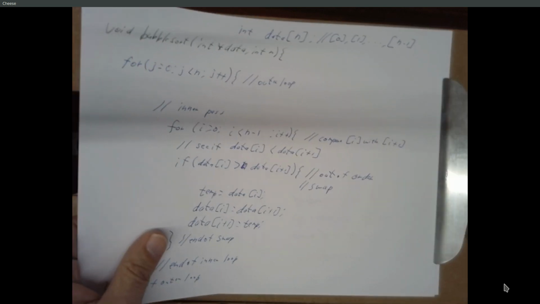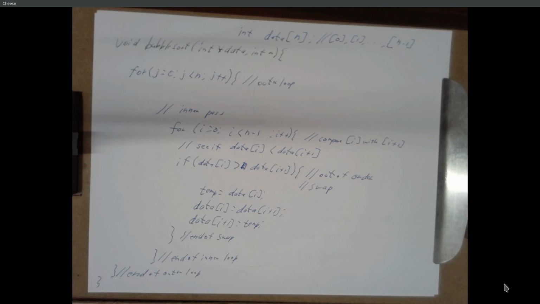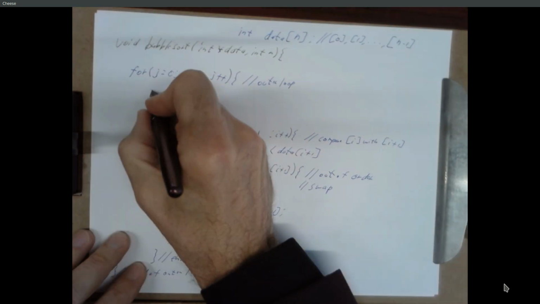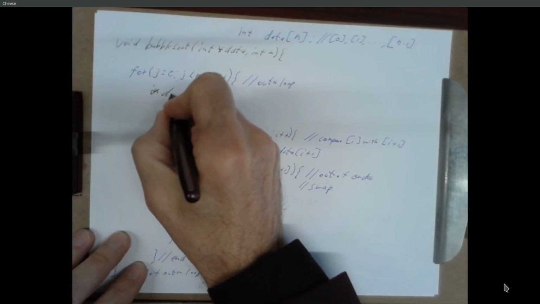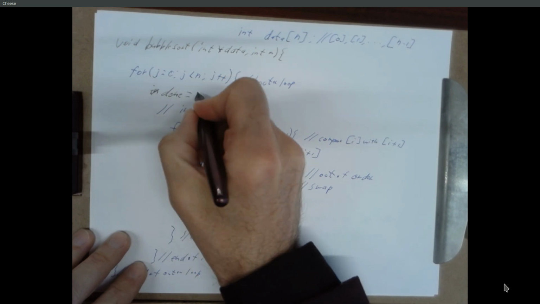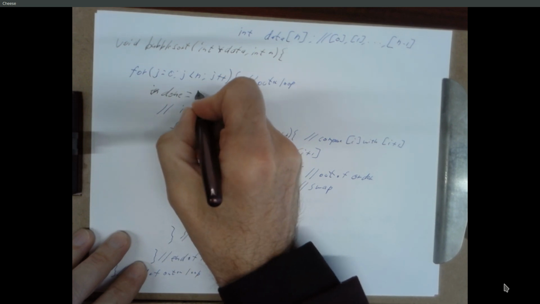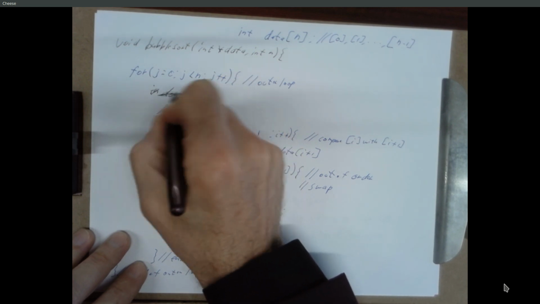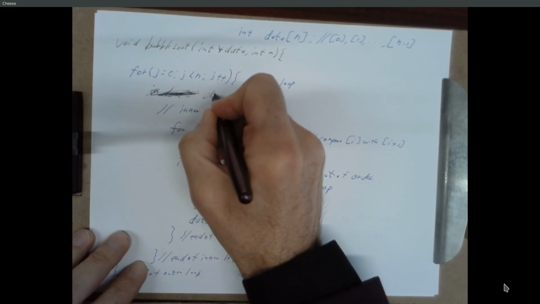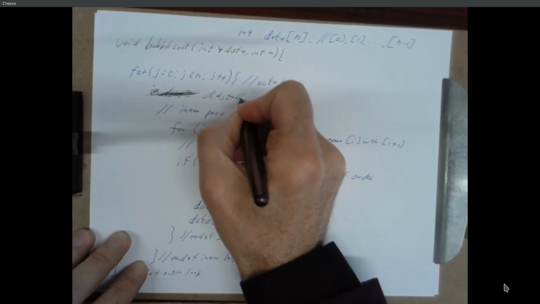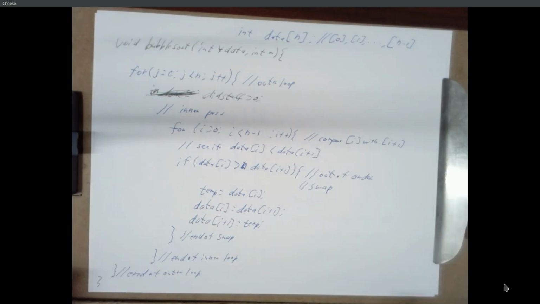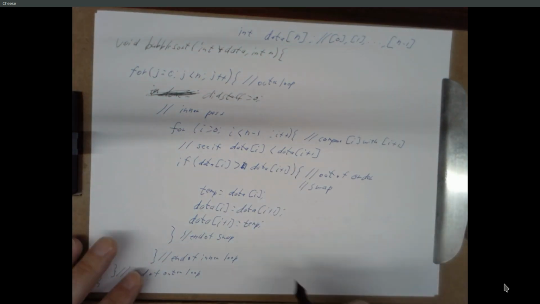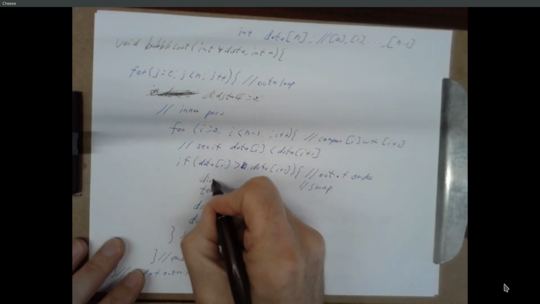So we could embellish this by using a flag. So we could say done equals, did stuff equals 0, and then inside here, whenever we swap something, we'll just set this flag.